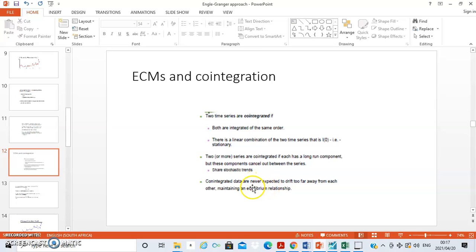Now, co-integrated data are never expected to drift too far away from each other. In other words, co-integrated variables usually co-move as time goes by, and this co-movement means that these variables tend to maintain some equilibrium relationship.